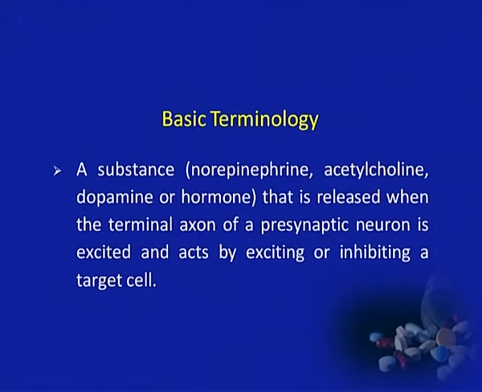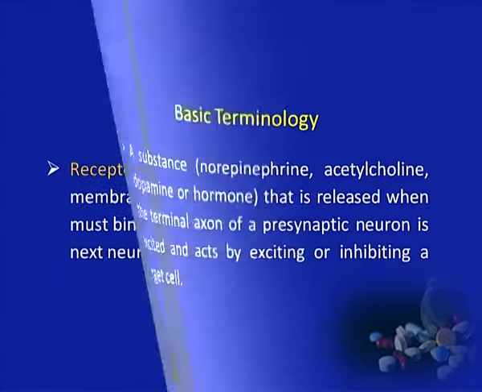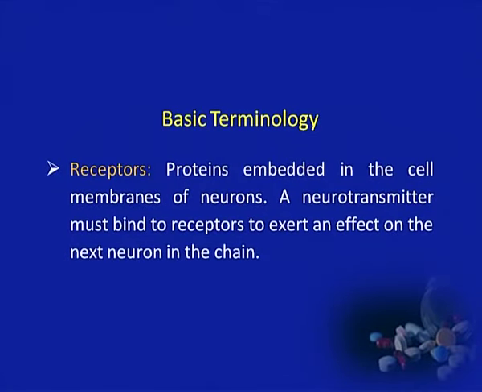A substance like norepinephrine, acetylcholine, dopamine or a hormone is released when the terminal axon of a presynaptic neuron is excited, and they act by exciting or inhibiting a target cell. Receptors are the proteins embedded in the cell membranes of neurons. A neurotransmitter must bind to receptors to exert an effect on the next neuron in the chain.